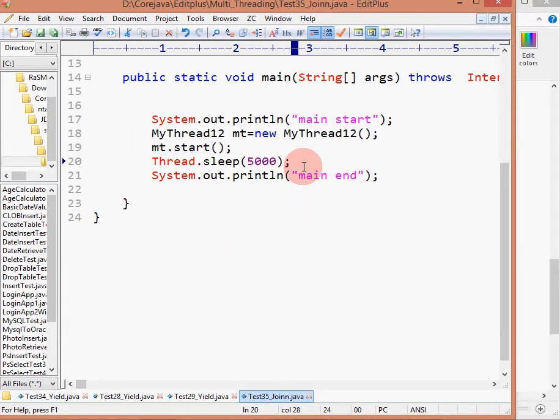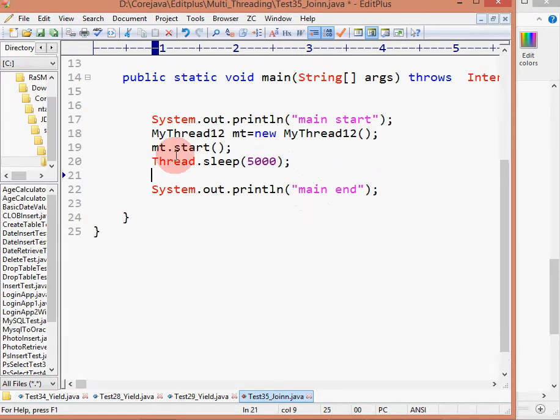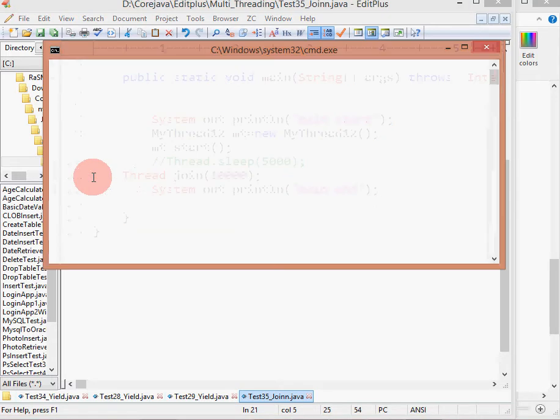Okay. Suppose here, instead of Thread.sleep, I write join. I copy and paste it, and here I write something. Suppose I have written 10,000, and try to compile.